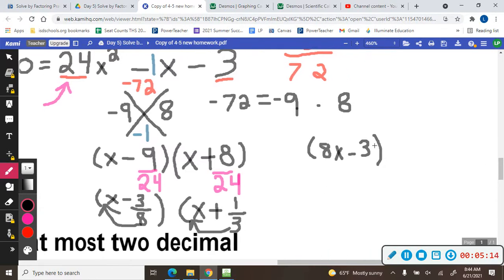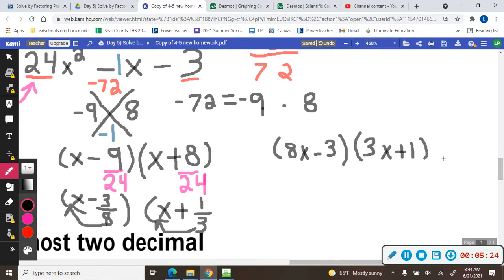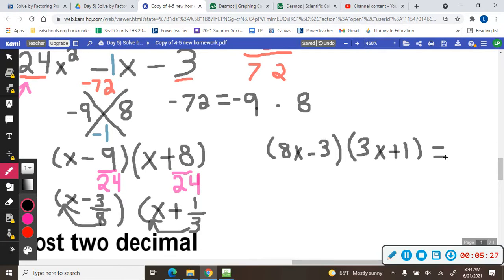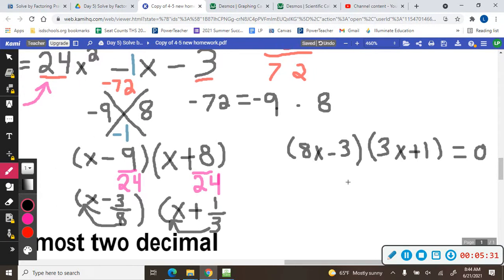You get 3x plus 1. So now I can use the zero product property. And the zero product property says, in order for this to multiply and get 0, either 8x minus 3 is 0, or 3x plus 1 is 0.